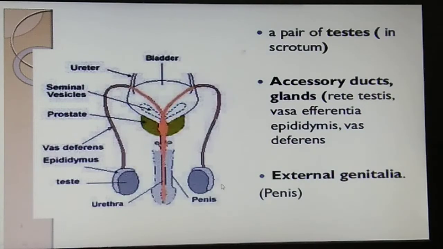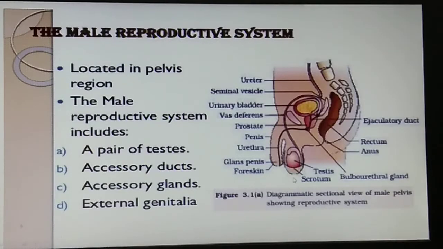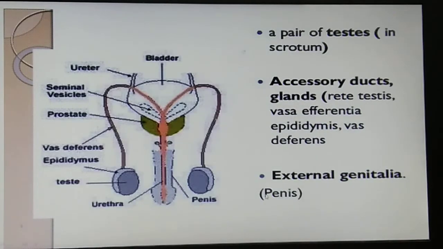Now students, the male reproductive system consists of a pair of testes present in the scrotum. The accessory ducts include rete testis, vasa efferentia, epididymis and vas deferens. And the external genitalia is the penis. I hope I am clear to each one of you.